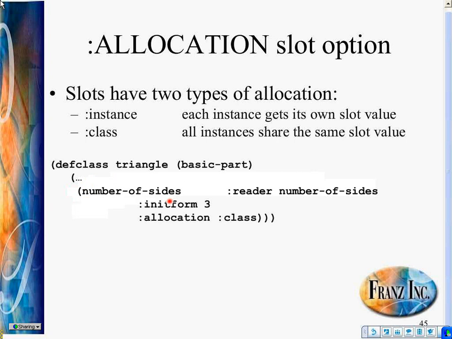But one of the slots is called number-of-sides. It's got a reader called number-of-sides, and it's got an initform of 3, and its allocation is class. That is, every instance of the class triangle will have a slot called number-of-sides, and they'll all have the value 3.